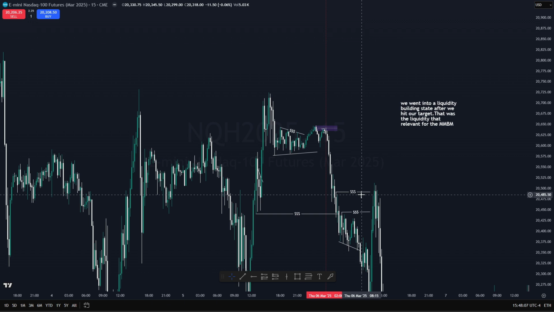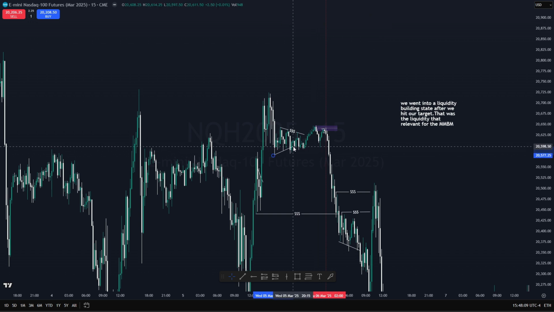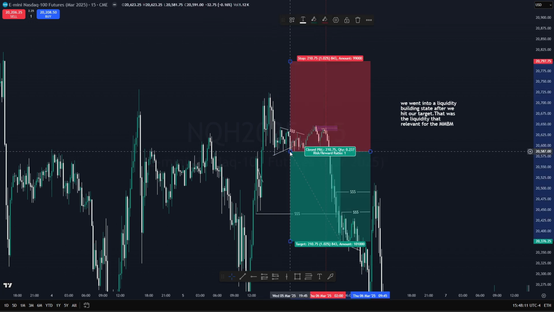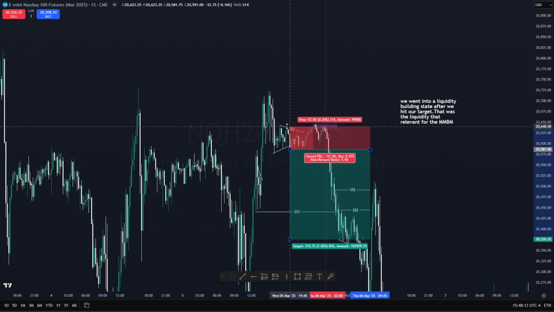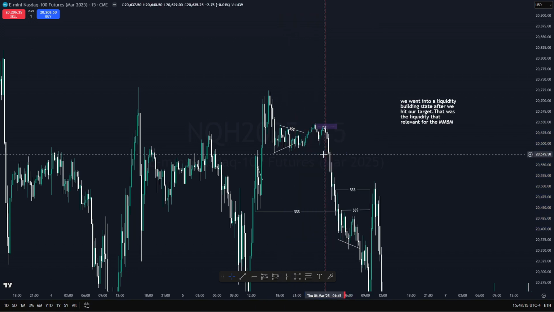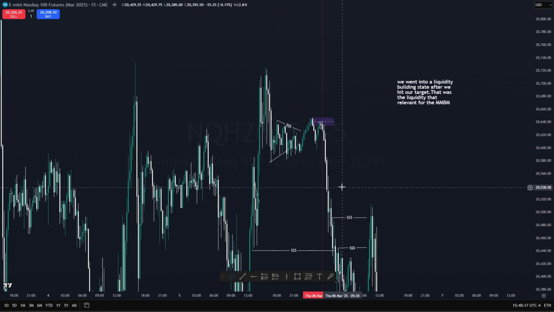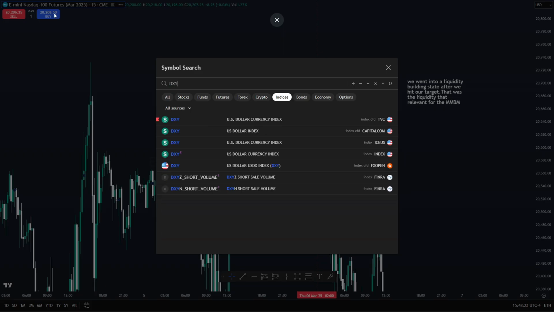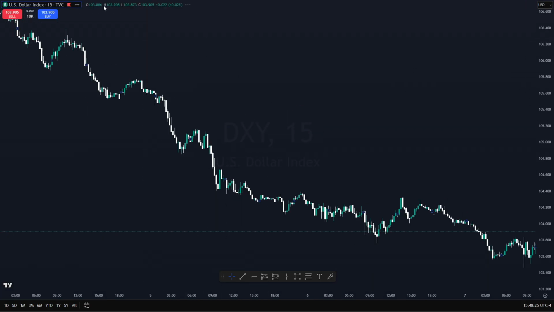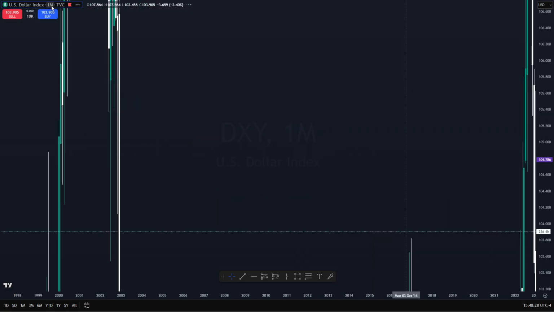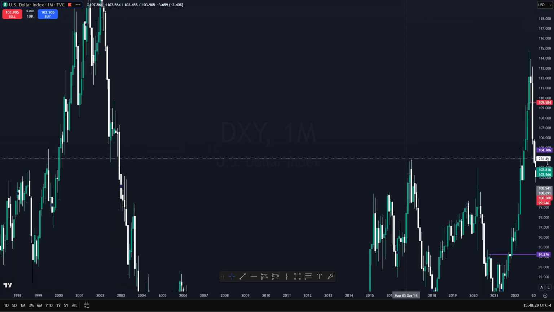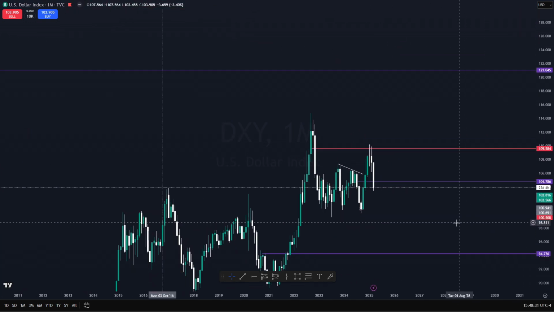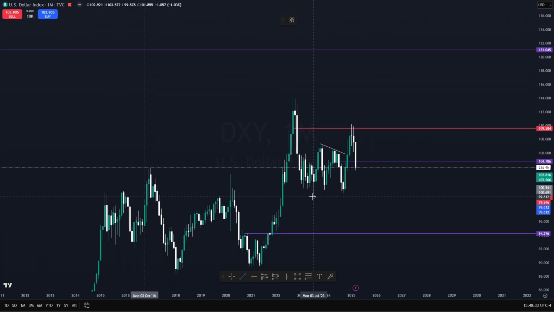Basically, we have triggered the short here. Or you know what? I'm going to explain this on the dollar because I think it's easier. So I'm going to go to the monthly. This is just such a good example.